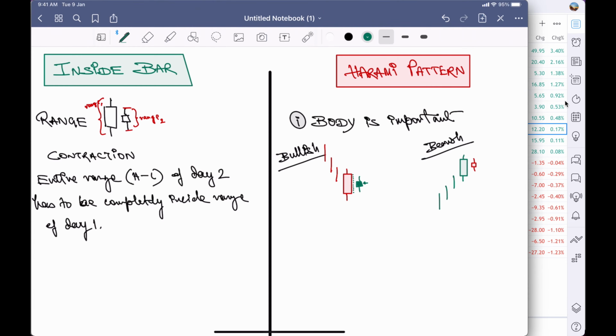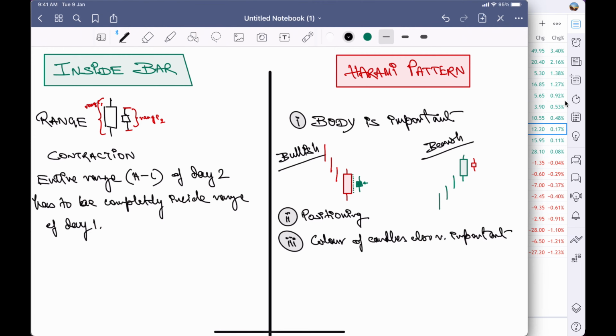So not only is the body important, the positioning is also very important, and the color of the candle is also very important.